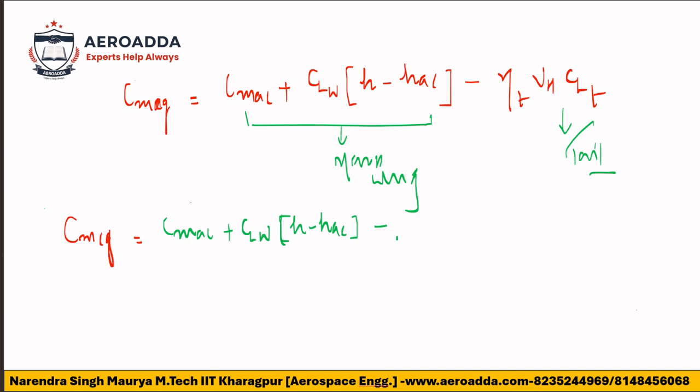So what you will get, you will have eta T VH AT alpha W into 1 minus dou epsilon by dou alpha, plus eta T VH AT epsilon plus i.